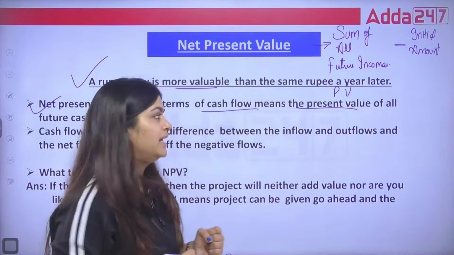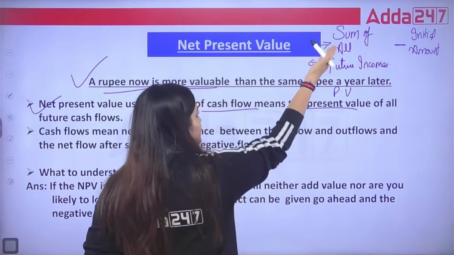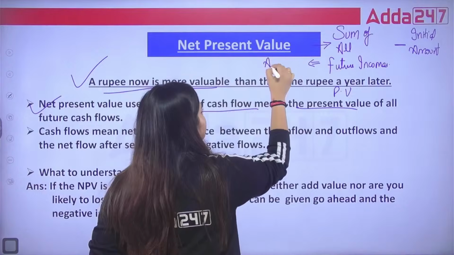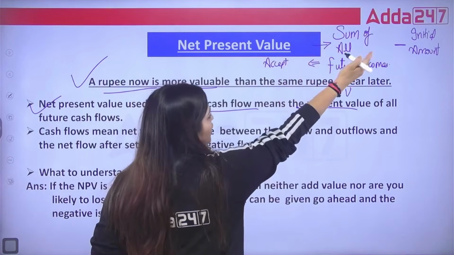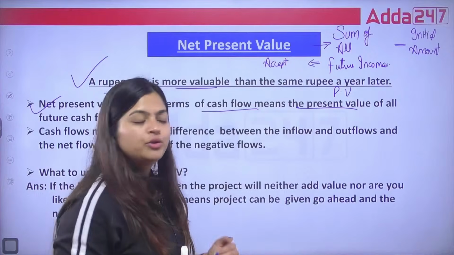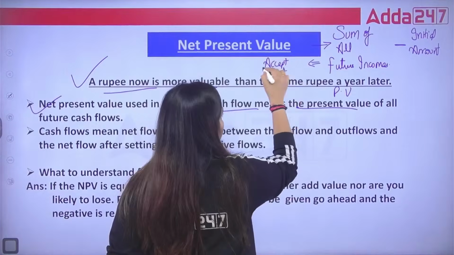Correct, your initial amount. And if you get more amount for the sum of your future income, you will accept the project. But if the amount you have invested today is more than the amount you are receiving, then you are going to reject that project.